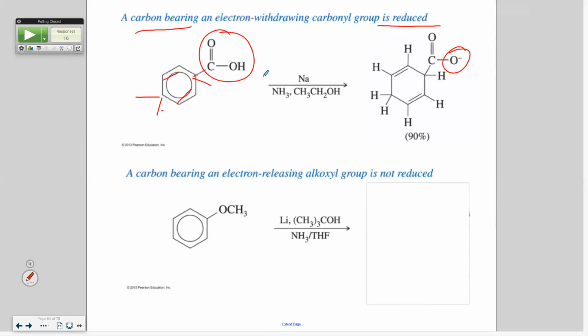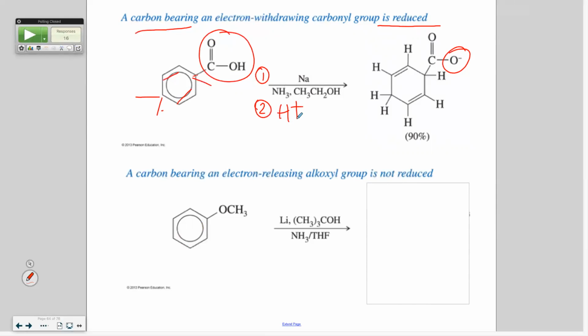So this would be step 1, and then step 2 would be H plus. You would acidify it. You have to be careful what you acidify it with. You'd have to use sulfuric or phosphoric. If you use HCl, what will it want to do? Add across those double bonds. They are no longer stabilized by the aromaticity.